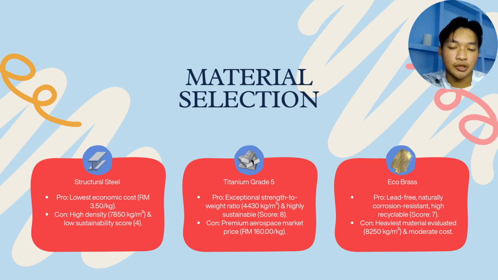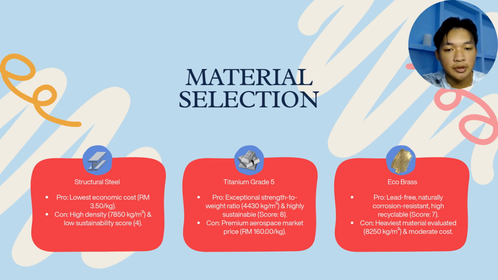So these are the materials that have been selected by our group, and the first one is structural steel, which has the lowest economic cost among all of the 3 materials, around 3.5 ringgit per kilogram. The con of this material is it has high density, which is 7,850 kilogram per meter cube, and low sustainability score, which is 4.